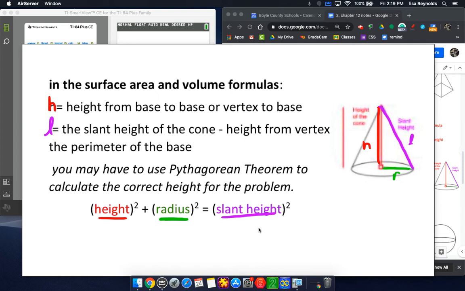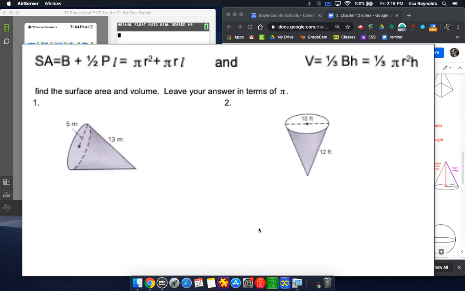So we're going to be calculating surface areas and volumes. Now, one thing about the surface area is, like we did for cylinders, we can apply a little bit of algebra and factor out common information. Both parts of the addition have pi. Both parts of the addition have a radius.